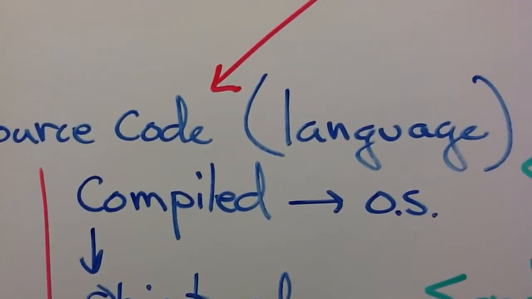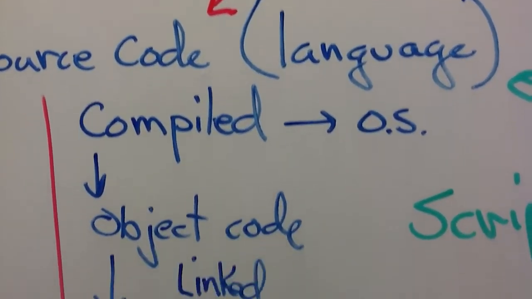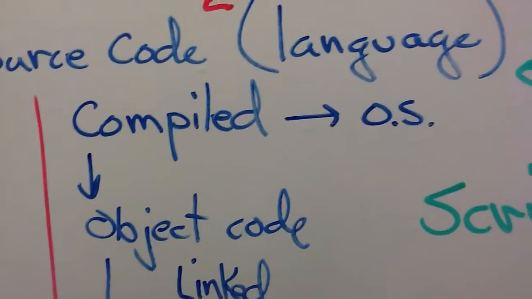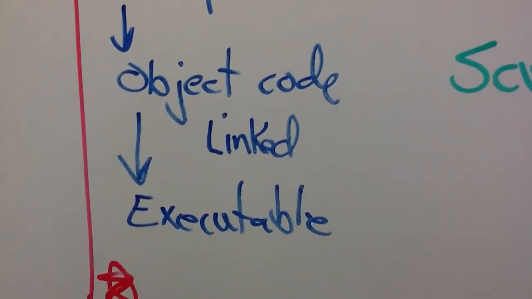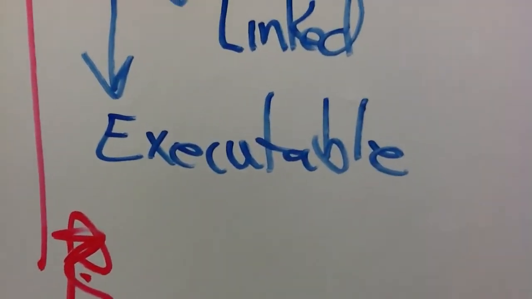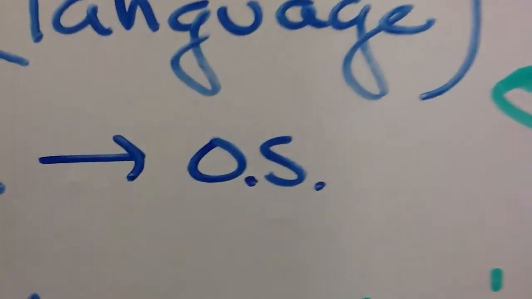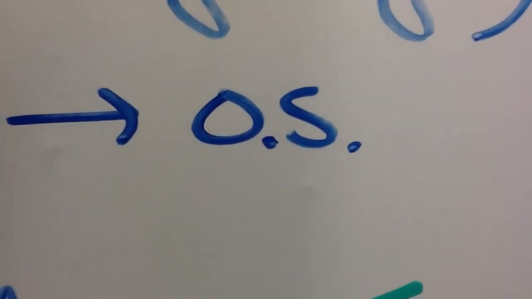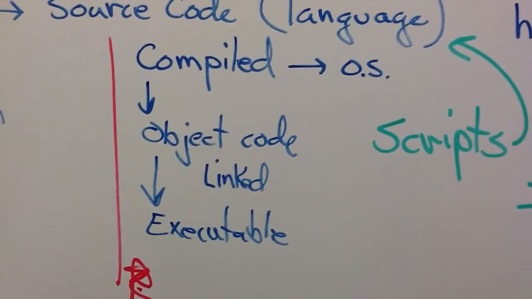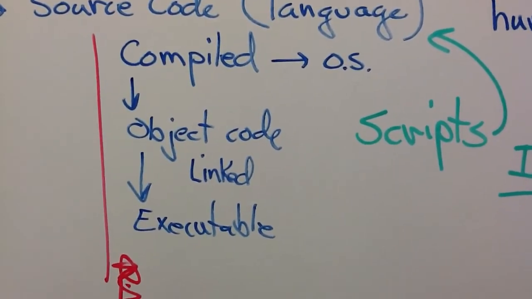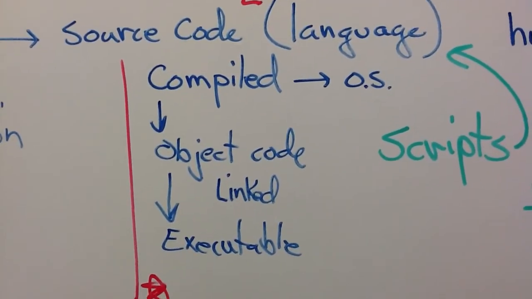Then it's compiled, using some software, to match a particular OS, and then it becomes object code, which is then linked with other objects, and becomes an executable. And the executable is software that will run on a particular operating system, whether it's the new iOS from Apple, or Android, or Windows 7 or Linux or whatever. It's designed to run on a particular operating system.